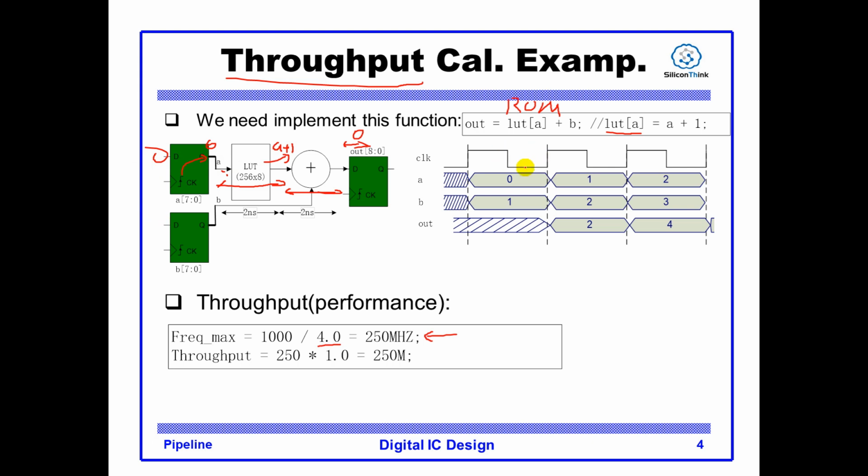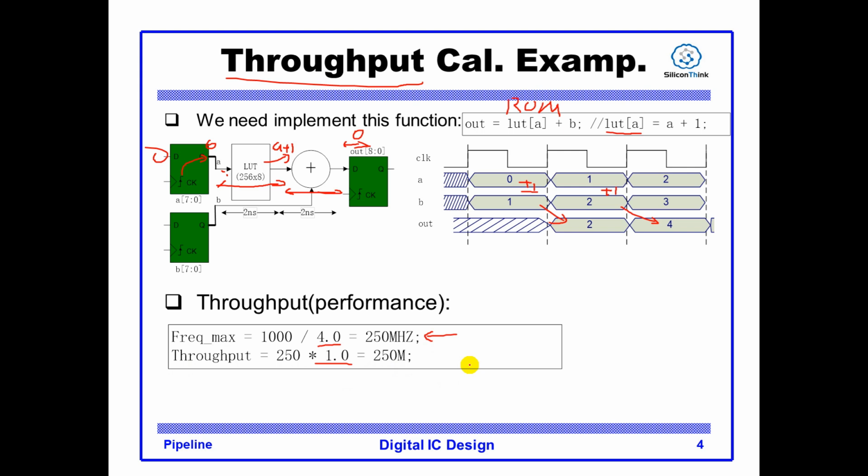From the waveform you can get the answer. You can change your new data A and B every cycle, and the next cycle you will get the result. This is the result after lookup, then AND together yields 2. 1 and 1 AND together yields 4. So the efficiency for this circuit is 100%, and the throughput is 250 megabits per second.